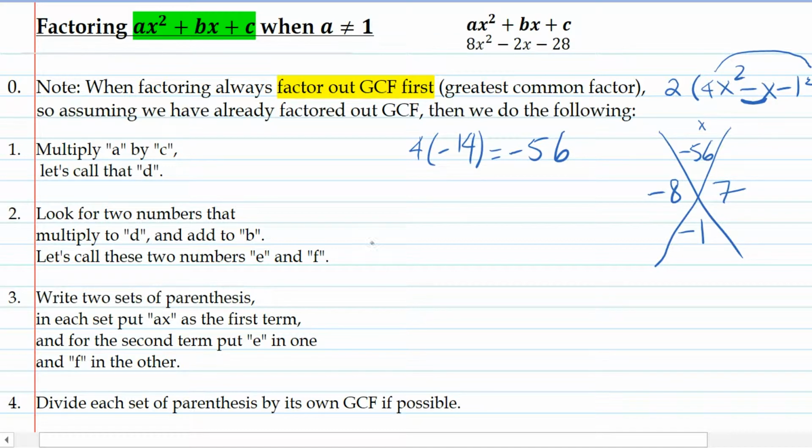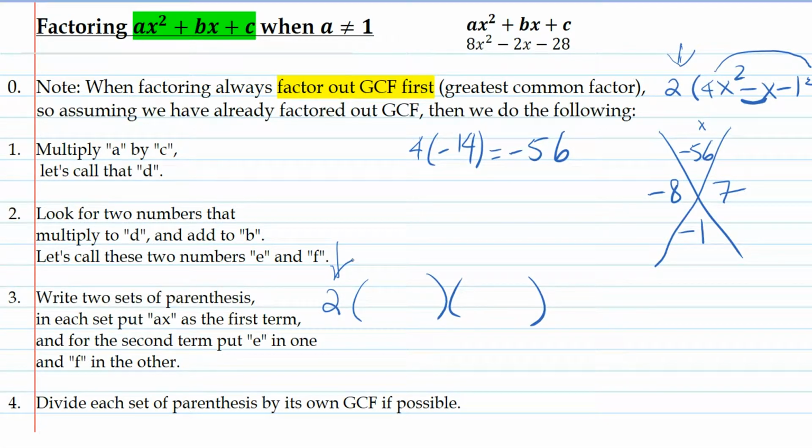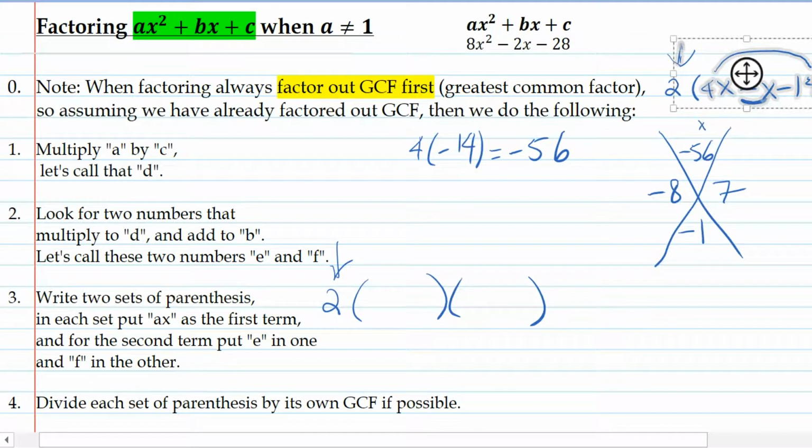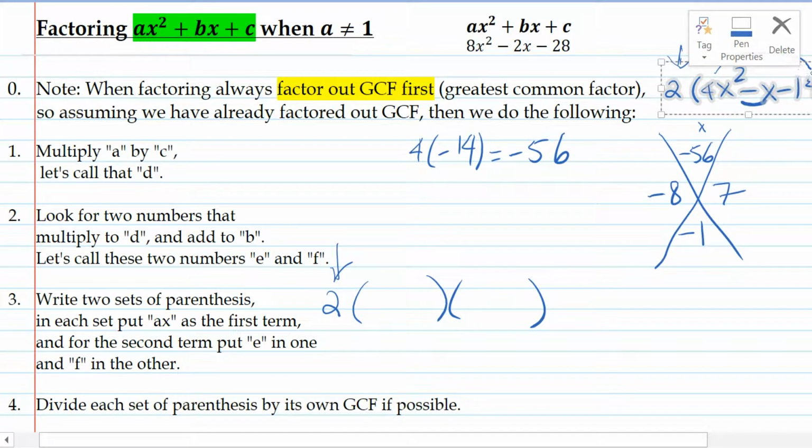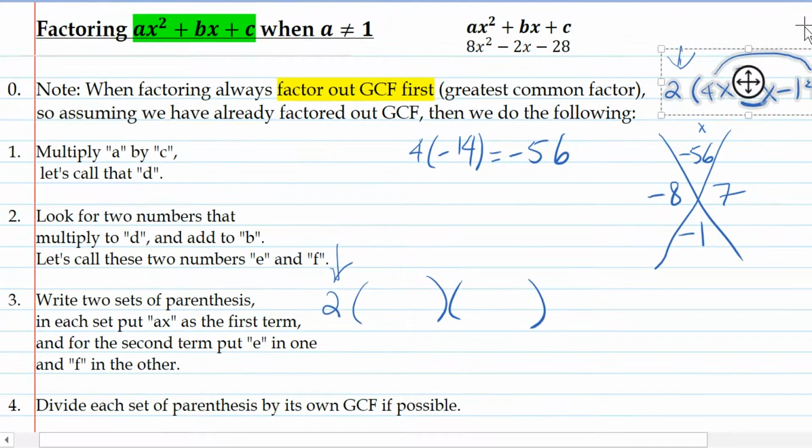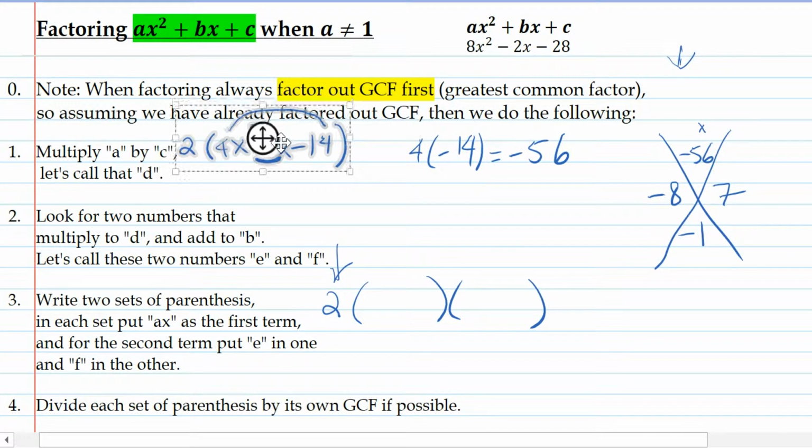So we get our 2 sets of parentheses. We're going to put 2 in here. That 2 comes from the original 2 that was in the front when we factored out our GCF. I want to make sure that you see what we factored out. I see that it's outside of the window, so I'll move it over here so you can see.